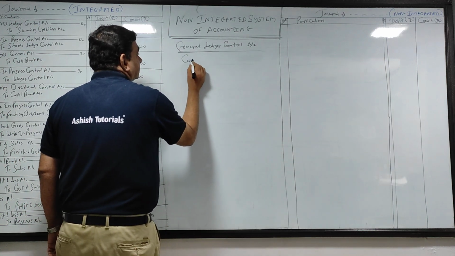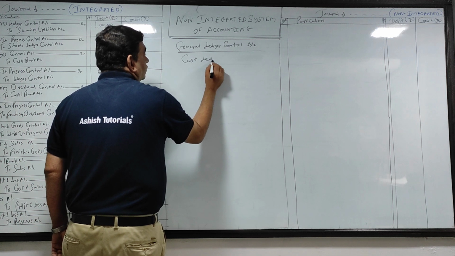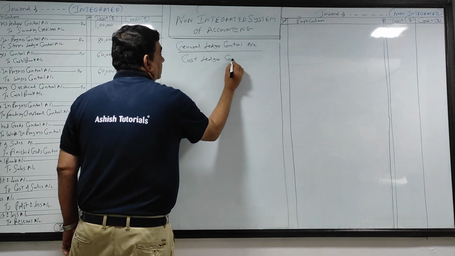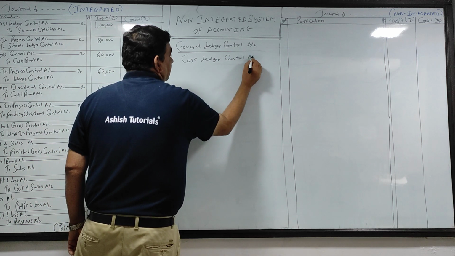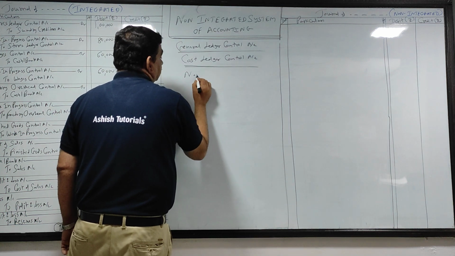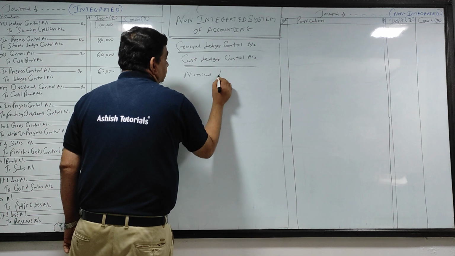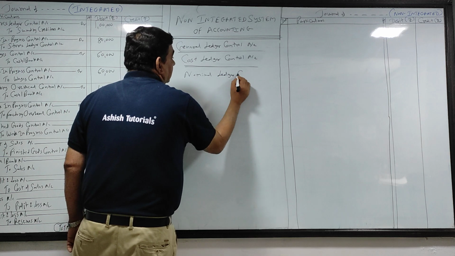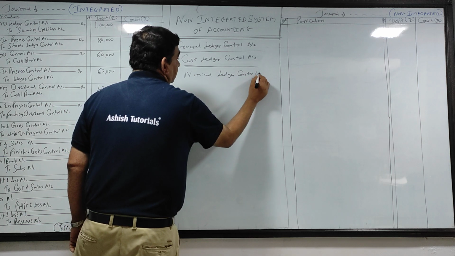Alternative words, this is also called the cost ledger control account. It is also called the nominal ledger control account.